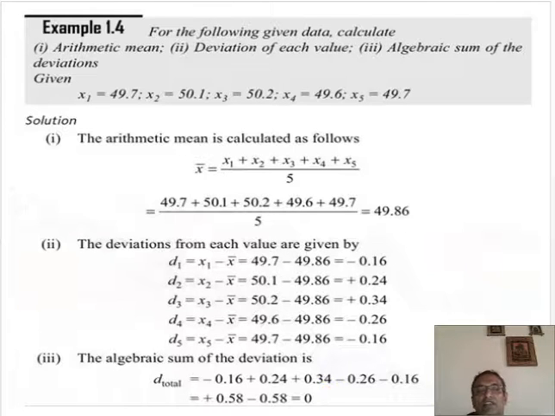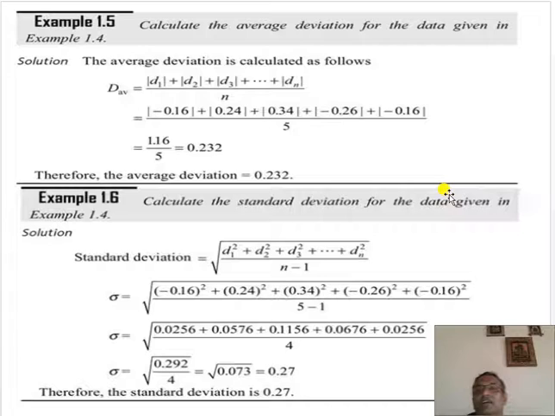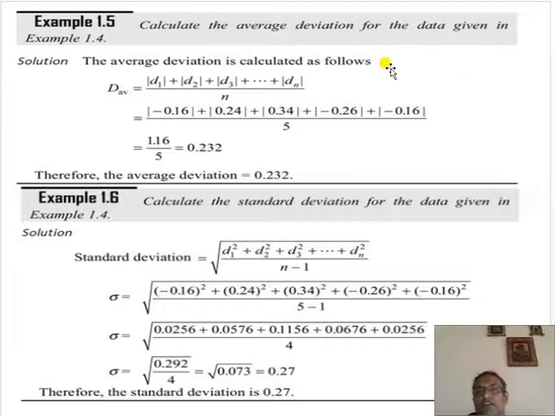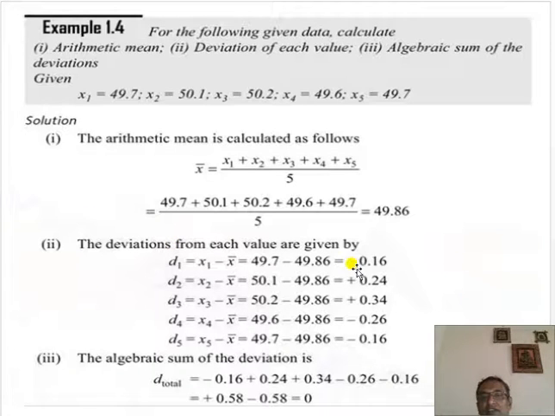Similarly, calculate the average deviation from the given data. In the example we have studied, they asked us to calculate the average deviation for the data given in the example. These are the values we use, d1, d2, d3, d4, d5, which we have calculated in this problem.